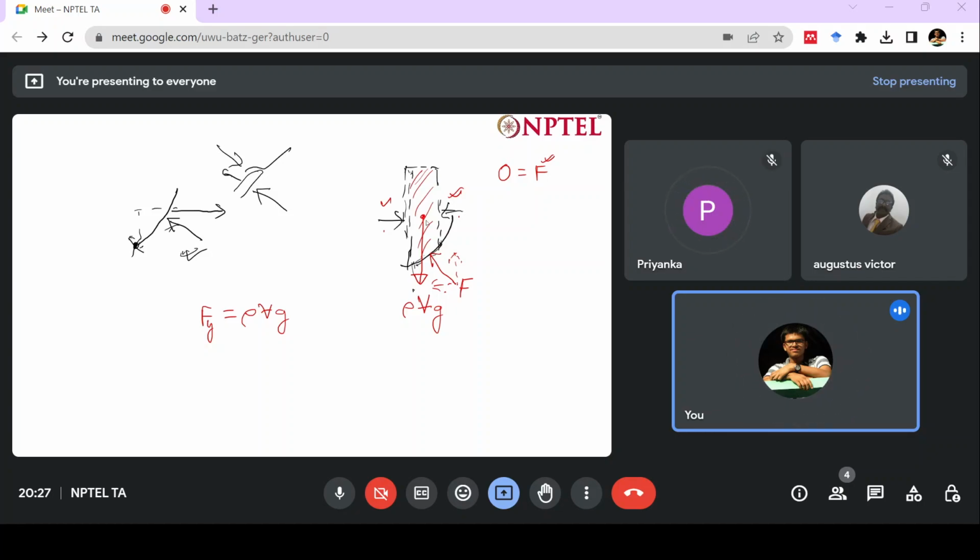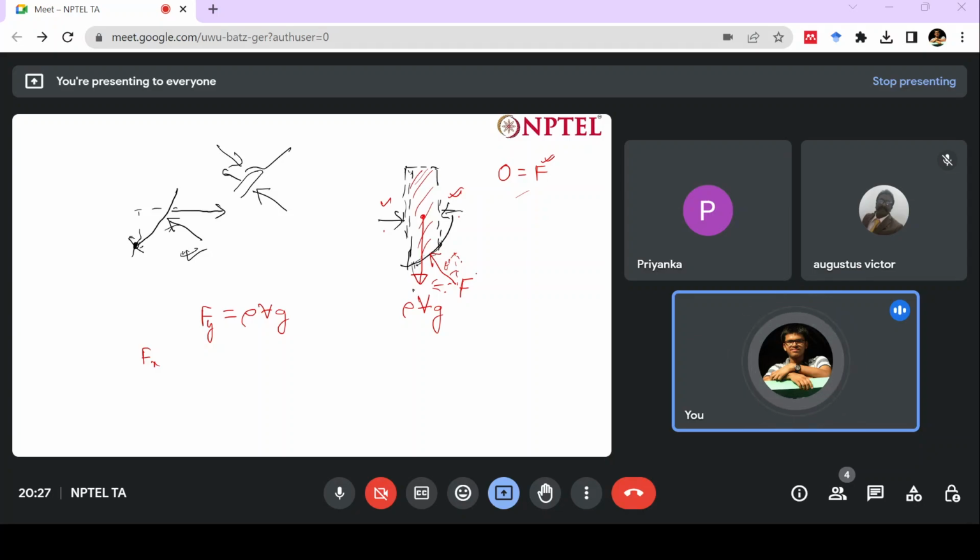Now, if we know this theta, the angle of this particular force, then we can also find our F. Did you get my point?